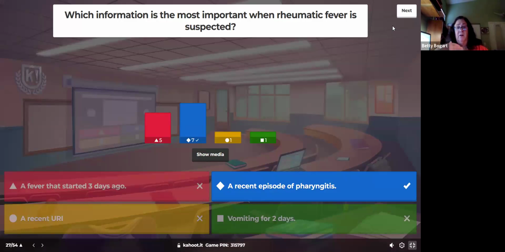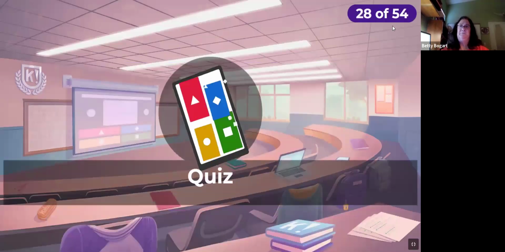So, a recent episode of pharyngitis or sore throat could have been that strep infection. That would be the key thing. Now, there is a blood test you can take that looks at it in case you don't know, and it's called an ASO titer, antistreptolysin titer. Streptolysin is right there in the name, and it tests: is there any strep in the body? And if it's positive, that's also the strep.